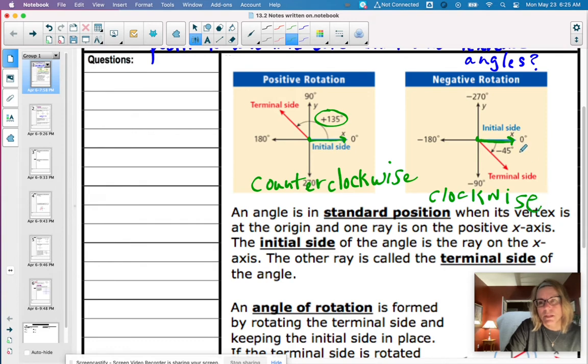And then you can see there's our angle, and it's negative. Counterclockwise, I think of it as going up, positive. Clockwise, you're going down, negative.